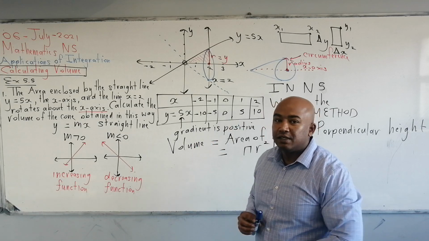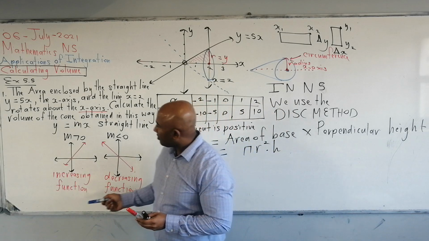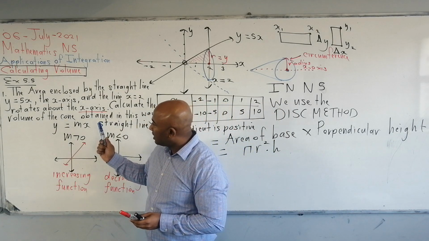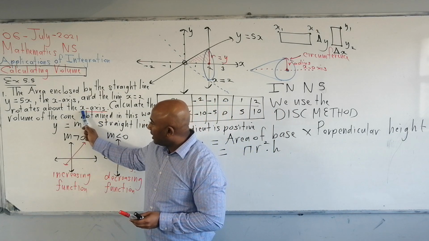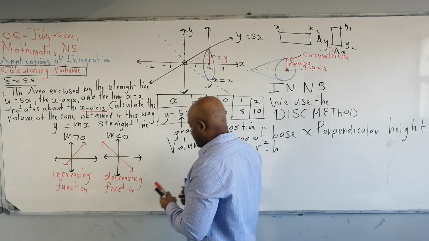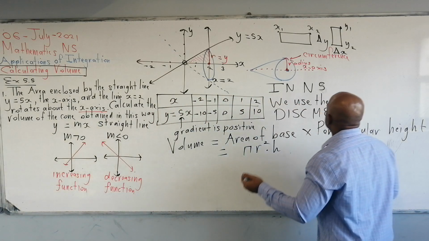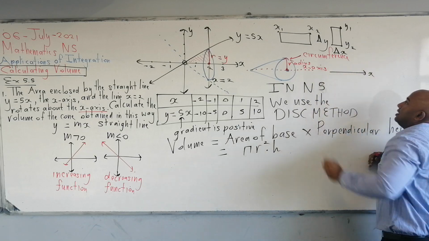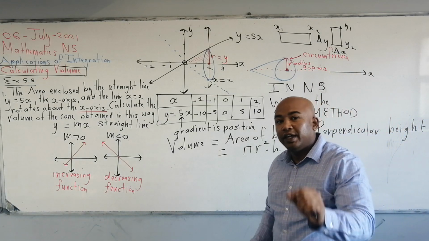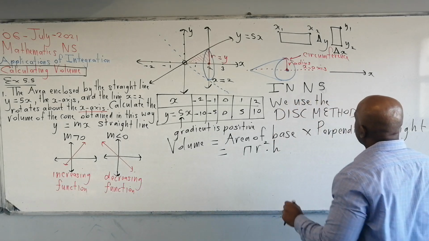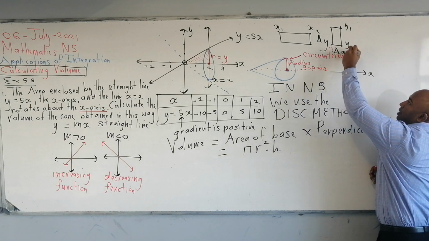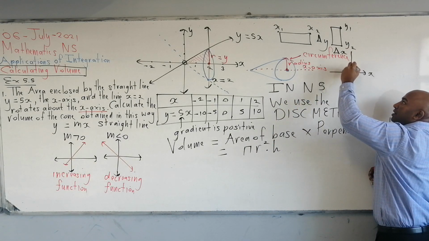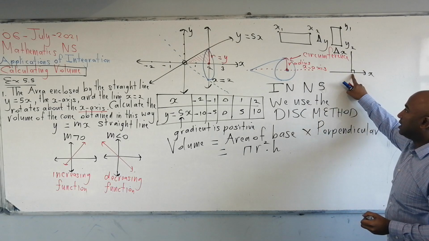What does that mean? It's a simple thing to do. Watch it. So which axis are we rotating about? We are rotating about the x-axis. So here's your x-axis. Now, if you want to draw a perpendicular representative rectangle, you draw a straight line coming down, and then that is perpendicular.